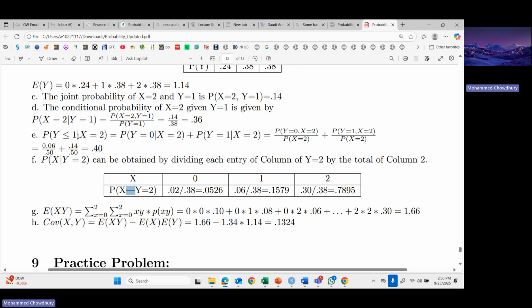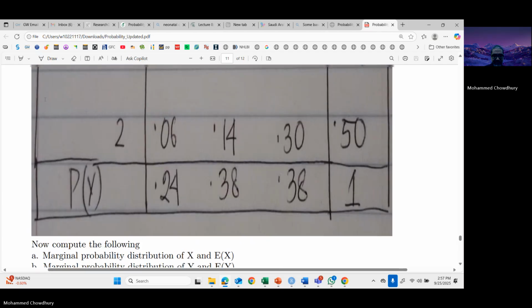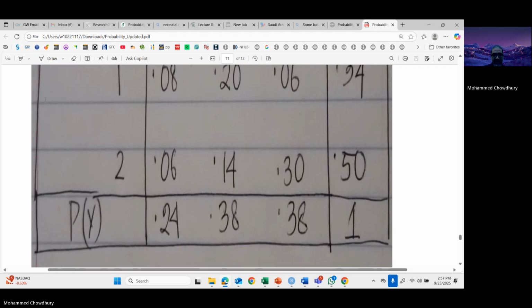So take a look at that. When y equal to 2, what will be the distribution of x? When y equal to 2, we can obtain it by dividing each entry of the column y equal to 2 by the total of column 2. The probability of y equal to 2 is 0.38, right?